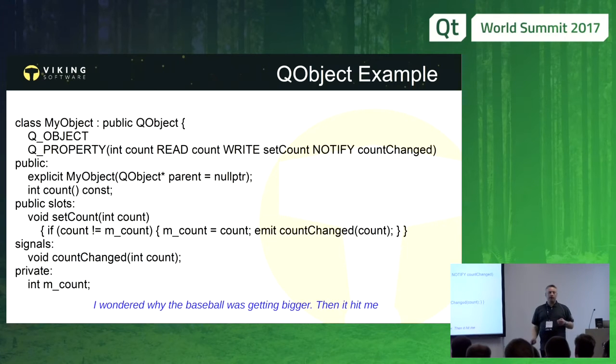Q_PROPERTY doesn't do anything. It's empty. So this line doesn't really exist. Then you have the constructor, of course. You have a getter method. That's the getter for the count. This one. You have some slots. So this public slots here, since slots was empty, that means this doesn't exist either.